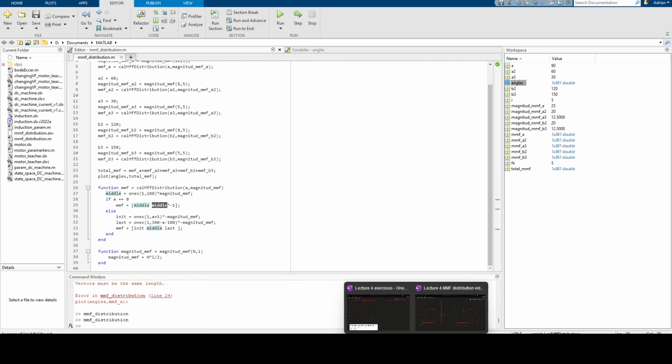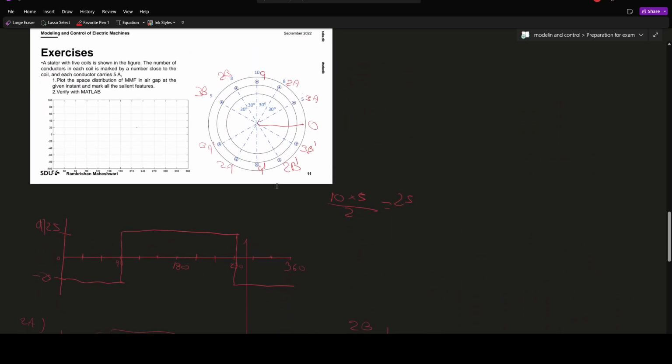Because if the angle started at 0 here, let's say the dot is here and the cross is here, then this will be 0 degrees and 180, and we will know that from 0 to 180 the flux lines go into the rotor, so from 0 to 180 it will be positive, and then it will be negative, so it will only have two parts.